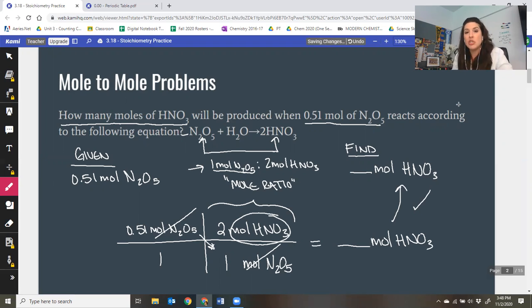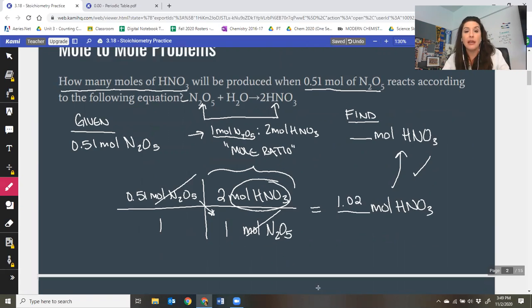Your equation is set up correctly, your picket fence and unit analysis has been taken care of, and now you can do the math. So punch it into your calculator, 0.51 times 2 divided by 1. Everything on top gets multiplied, everything on the bottom gets divided. All right, see what you get. I put it in my calculator and I get 1.02 moles of HNO3.